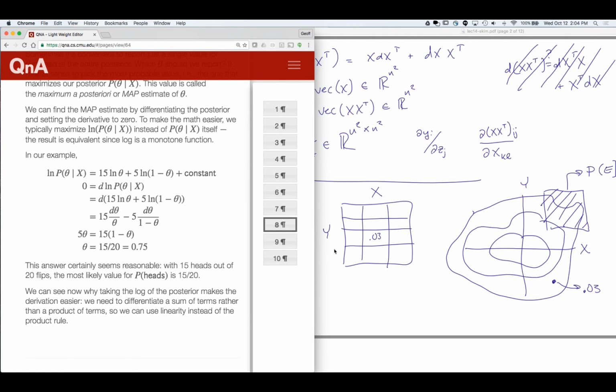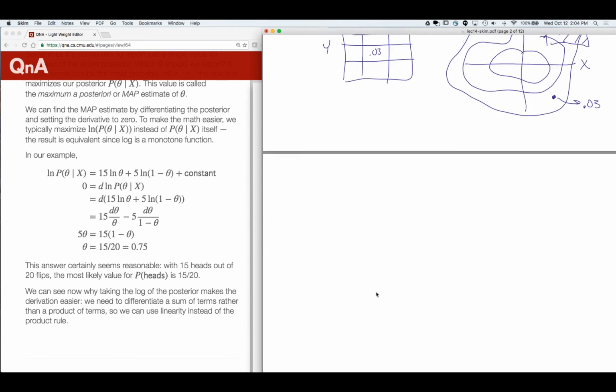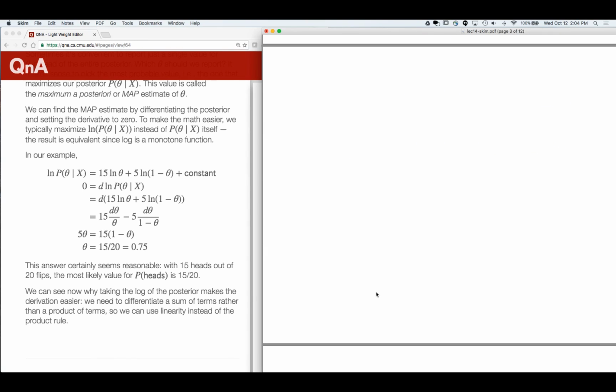let's just write it out. So we had p of theta given x was not equal but proportional to theta to the 15, 1 minus theta to the 5.